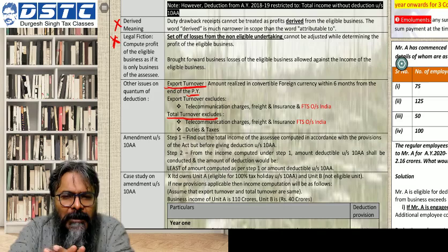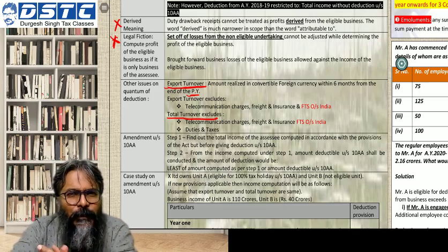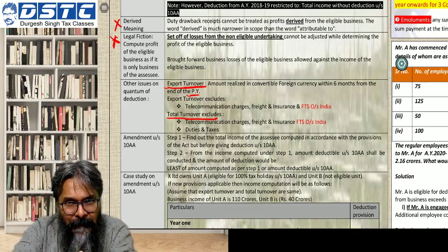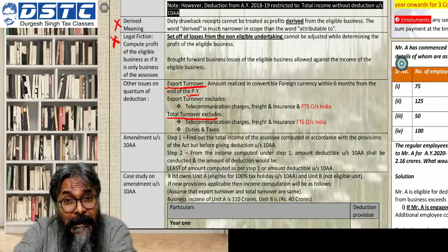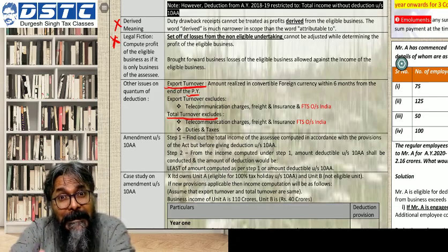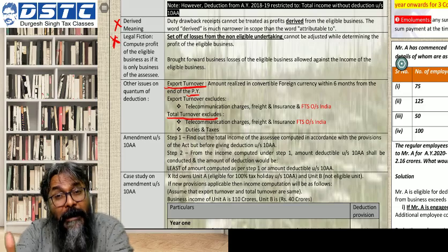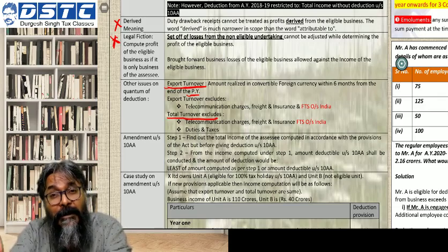You say, sir, what is the logic behind this? The logic behind this is to ensure that the SSC tries to realize as much as possible its export turnover so as to enhance its deduction under section 10AA.